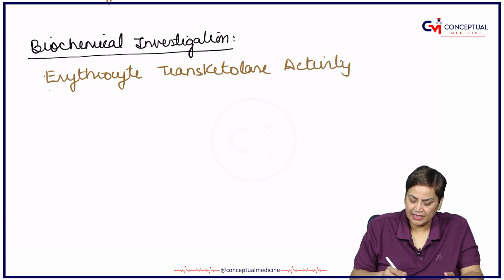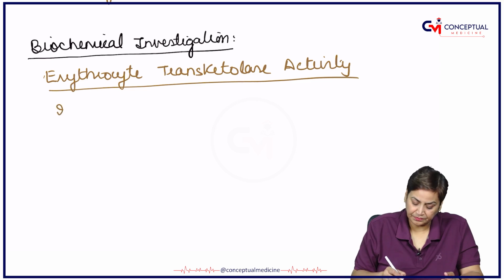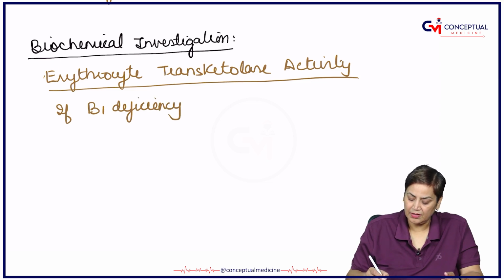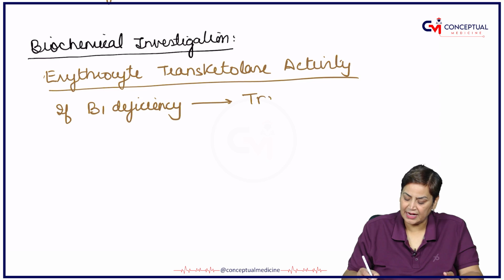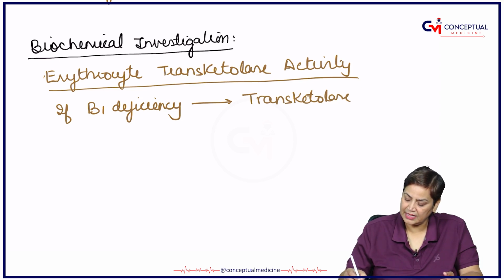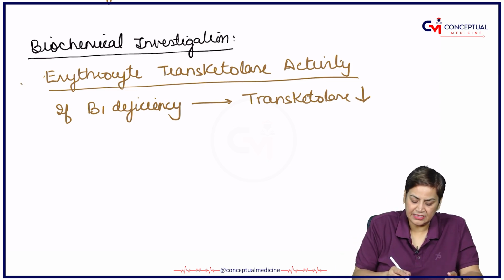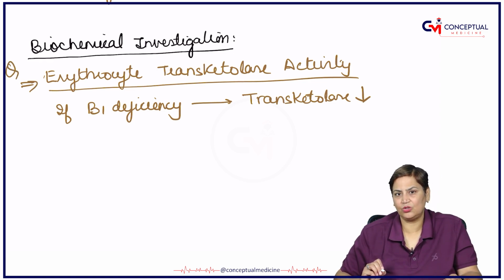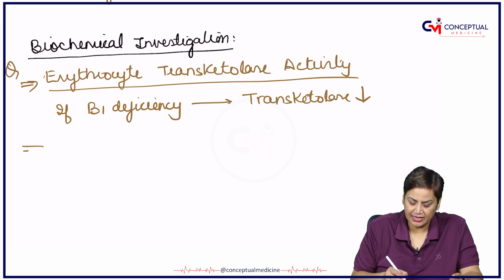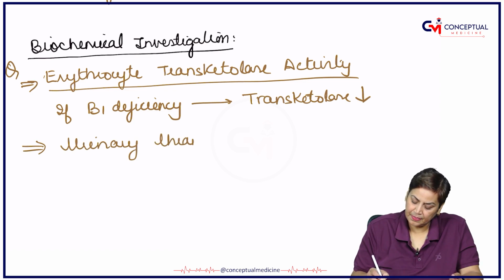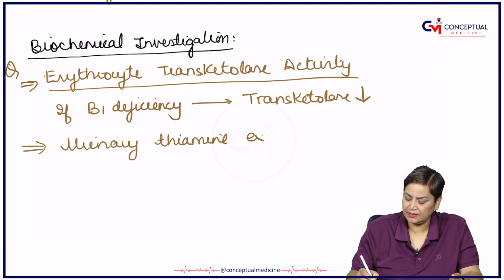So I can say that if B1 deficiency is there, then this transketolase activity will surely decrease. So it's a marker of that. This is a very important test, I would say. Second one is urinary thiamine excretion.